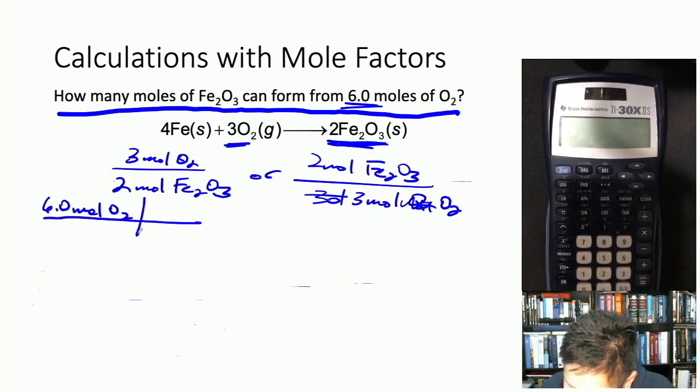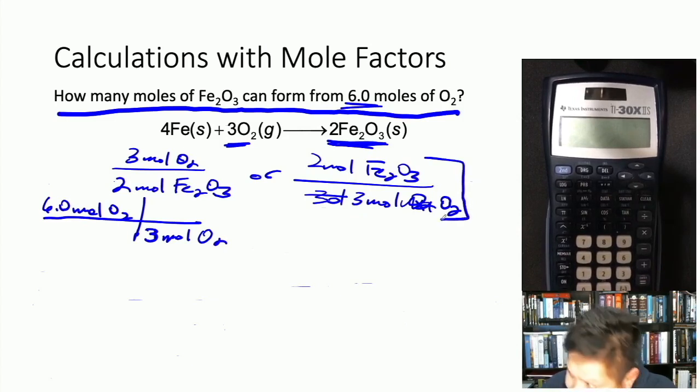So we'll do our dimensional analysis, and we want to cancel out moles of oxygen so we can get to moles of iron oxide. It's 3 moles of oxygen. We're using this one, by the way, if you didn't know, right? 2 moles of iron oxide.